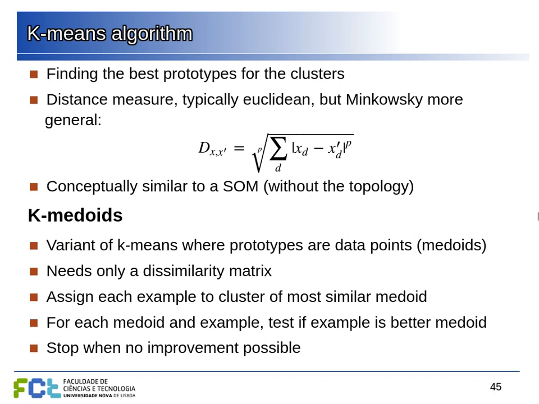So the general idea here is to find these best prototypes for the cluster, the best position, and we can do this, for example, with the distance measure. So remember, we need some way of determining whether the examples are more alike or less alike. In k-means, we generally use Euclidean distance, but we can go more general than that.